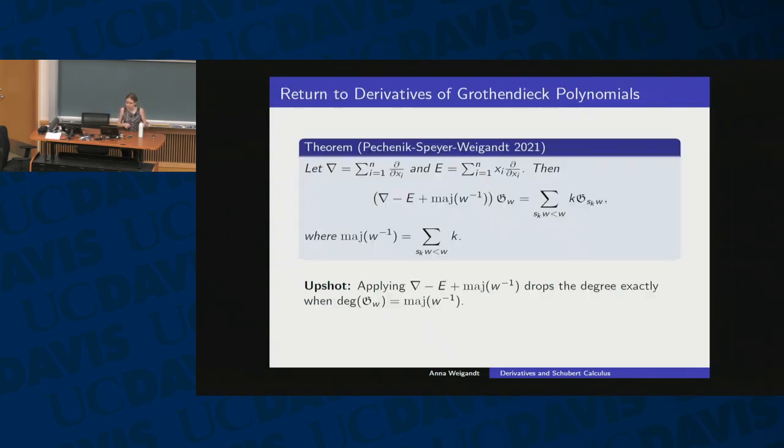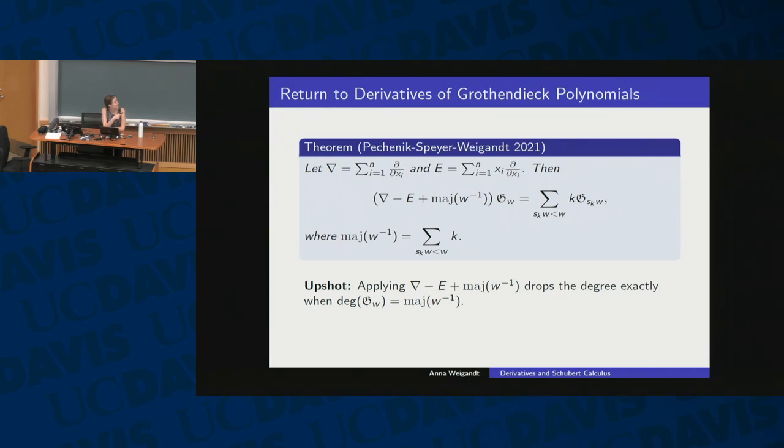Okay, so now, where are the derivatives? Well, if we want to think about degrees of Grothendieck polynomials, we can think about what's going on inside this derivative formula. If we start staring at this derivative formula and we want to know when the degree is going to drop, that happens precisely when the major index of w inverse is the same as the degree of the Grothendieck polynomial for w. When that happens, these two pieces will cancel.